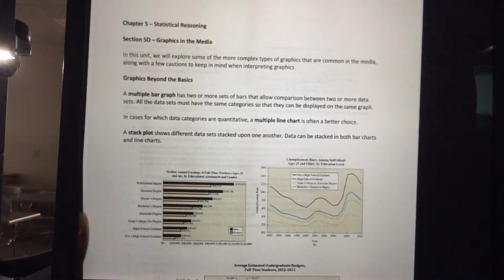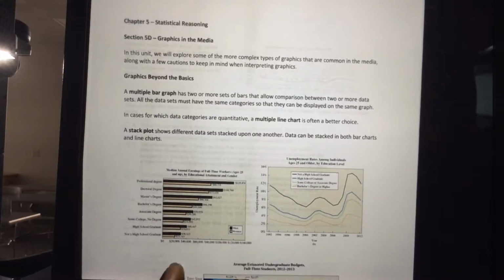Here we're going to look at three different types of graphs: a multiple bar graph, a multiple line chart, and a stack plot. Okay, first of all, a multiple bar graph has two or more sets of bars that allow comparison between two or more data sets. All of the data sets must have the same category so that they can be displayed on the same graph.